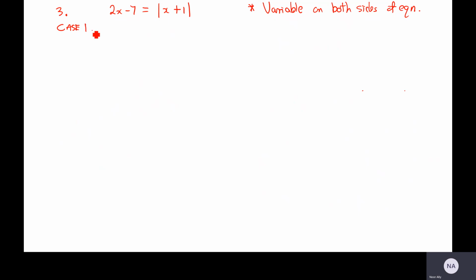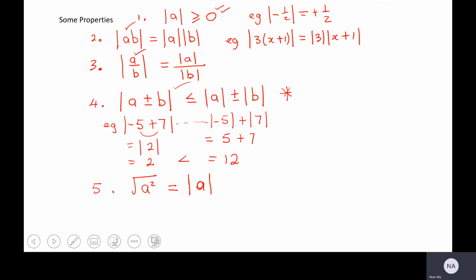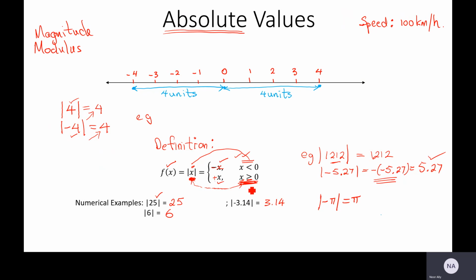Case number 1, and this is taken directly from the definition. I'm just going to go back to the definition so you can see exactly what I mean by that. There's the definition there. And those are your 2 cases.